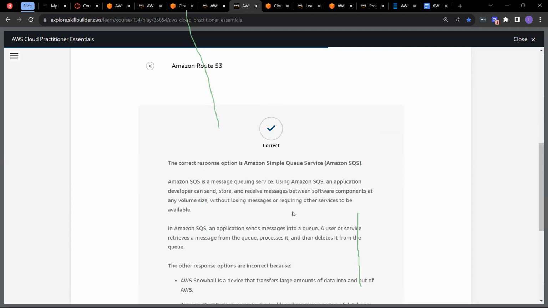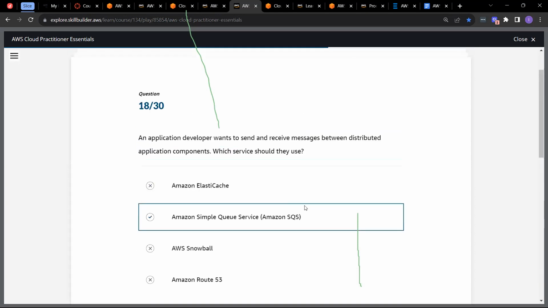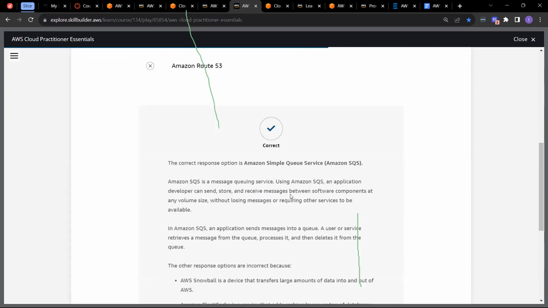It can't be Elastic Cache, because that's like storing something temporary. Cache is more of a storage. And then SNS is just notifications, right? Maybe SMS, just change the M to N.